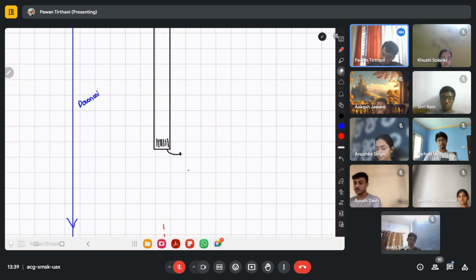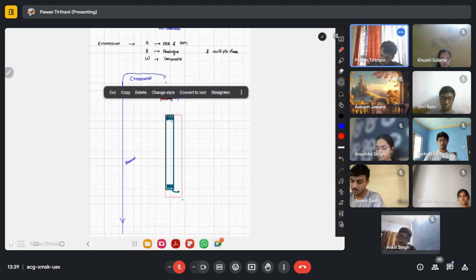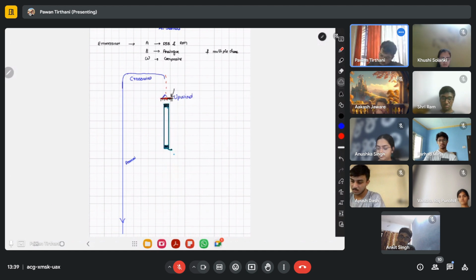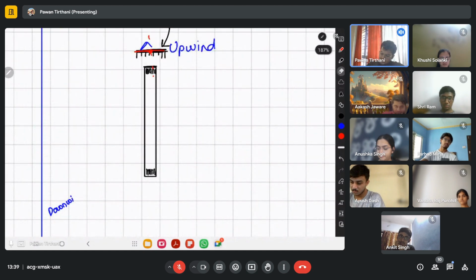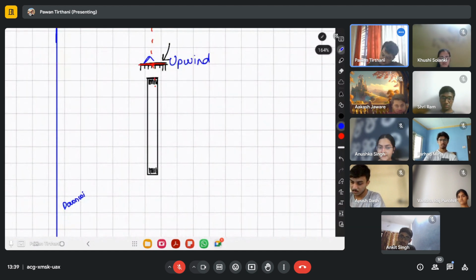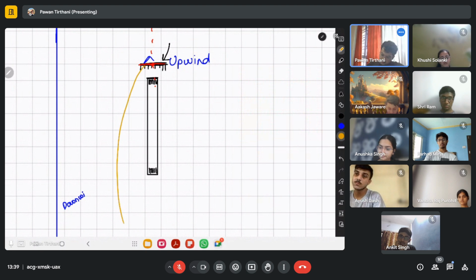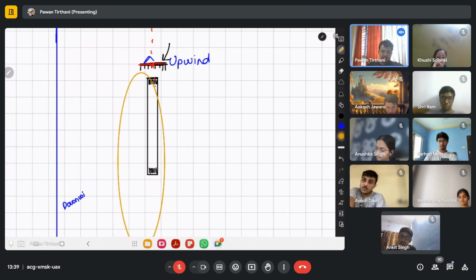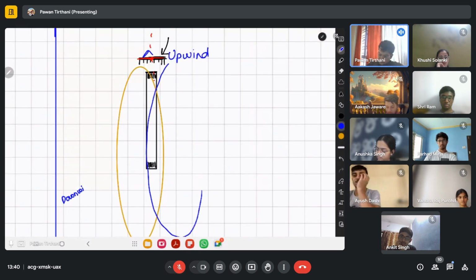One of those lobes, I'll just reduce the size of this thing. Okay, so the antenna is transmitting one lobe to the left of the center line, and he's transmitting another lobe on the right hand side of the center line.